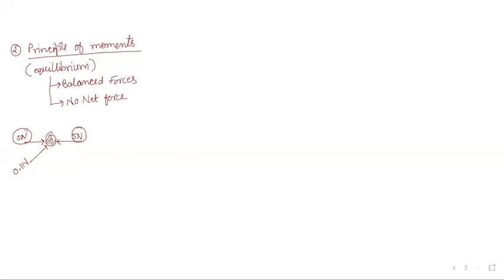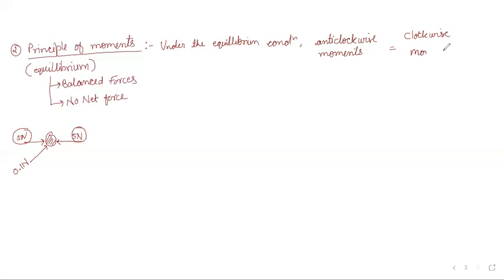Exactly the same way we talk about the principle of moments. What the principle of moments simply says is that under the equilibrium condition, anti-clockwise moments are balanced by the clockwise moments.